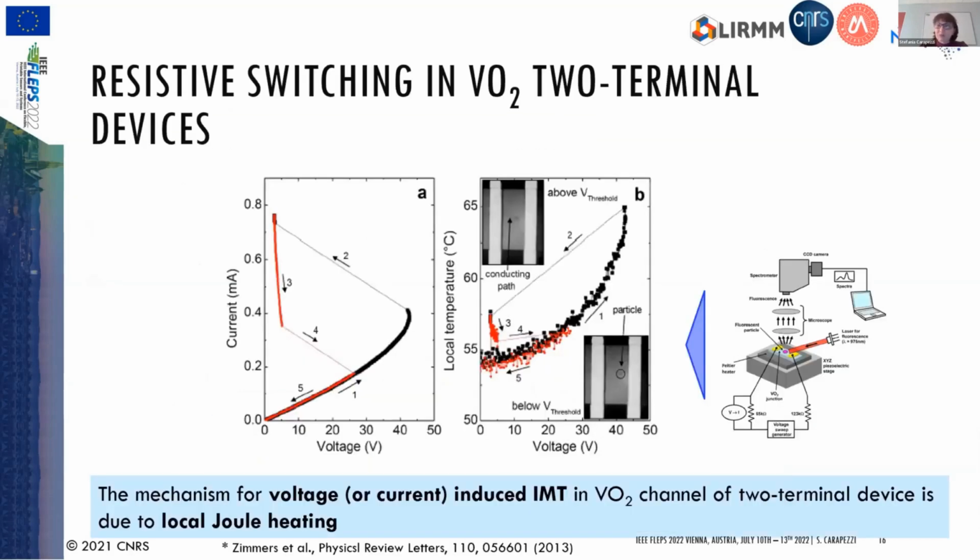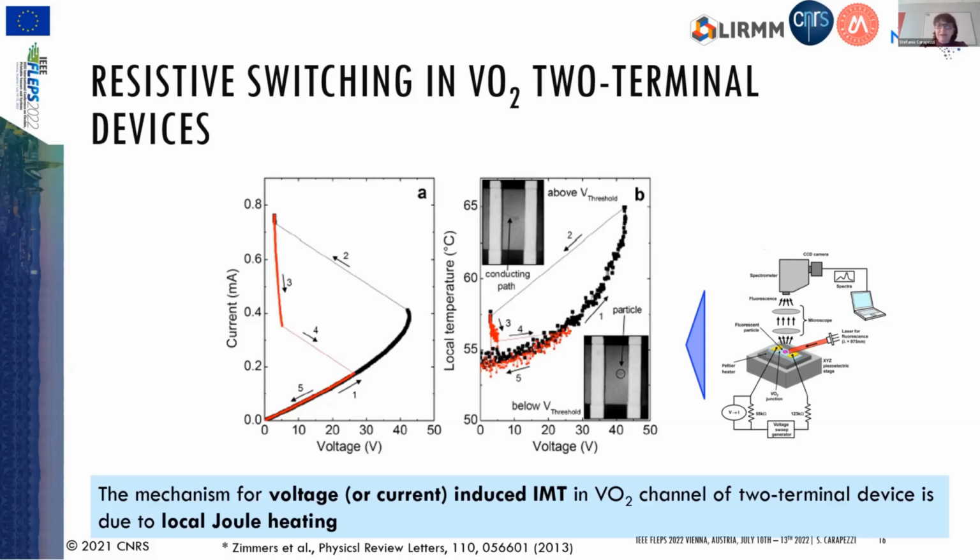And what is important is that the same resistive switching has been observed not only triggered by external temperature, so when you provide the temperature externally, for instance, through a heater or by changing the ambient temperature, but also in the channel of two-terminal devices, when voltage is applied across the contacts or by current injection.